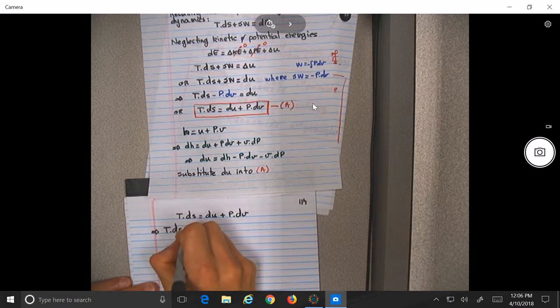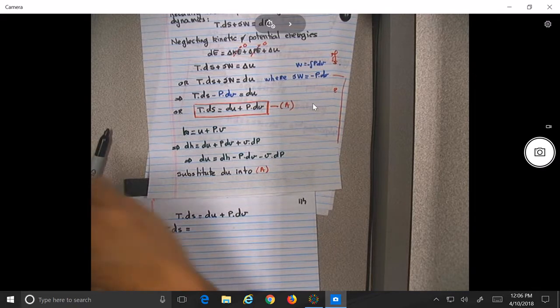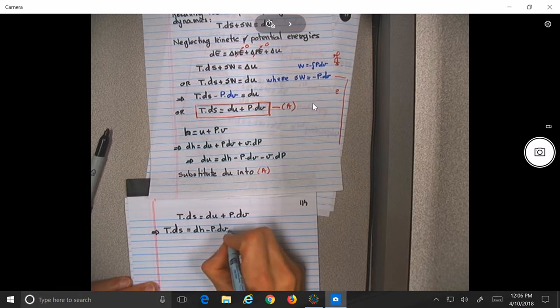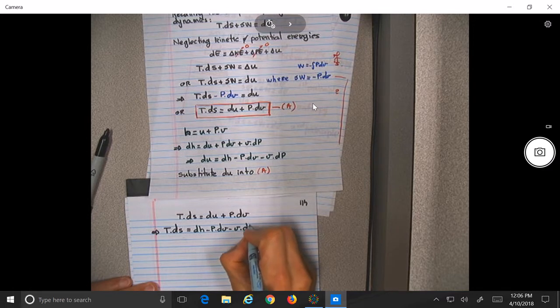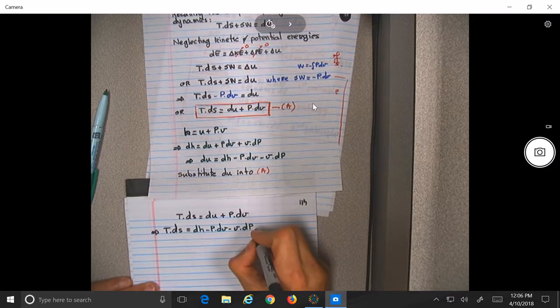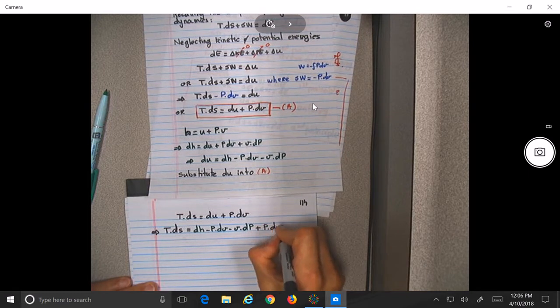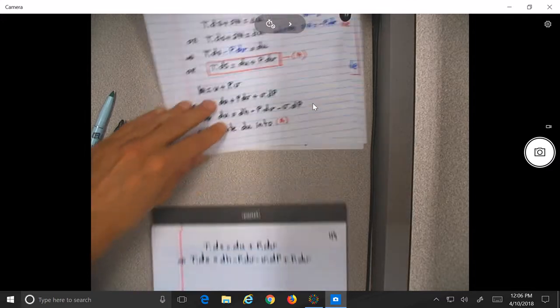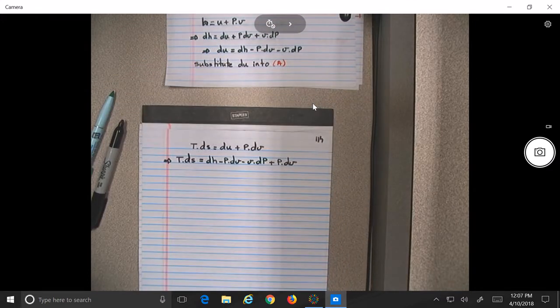TdS equals to what? Now we substitute the dU, which is equal to what? dH minus PdV minus VdP plus PdV. So what happens over here?